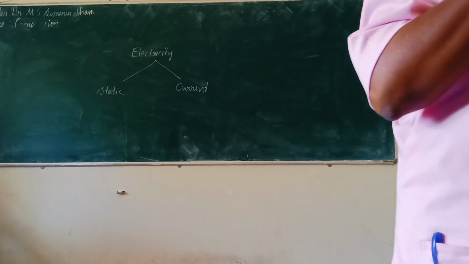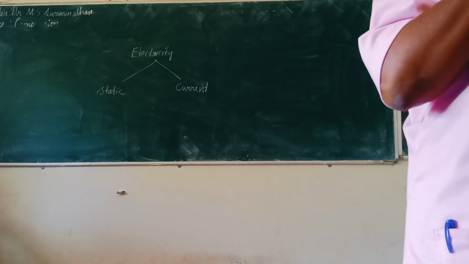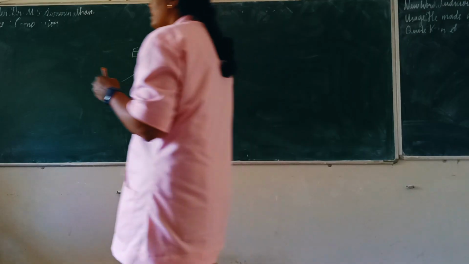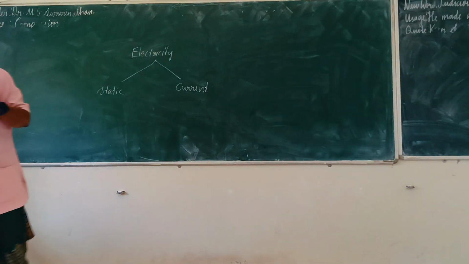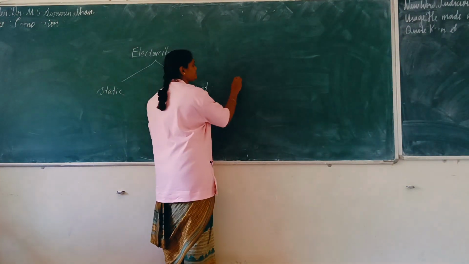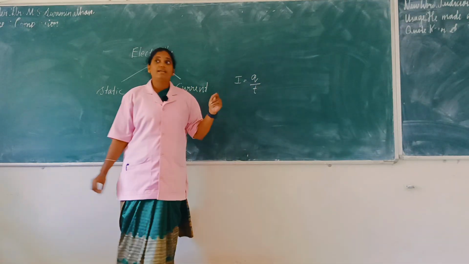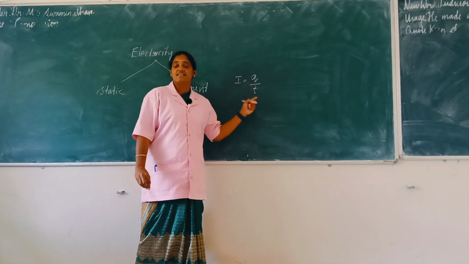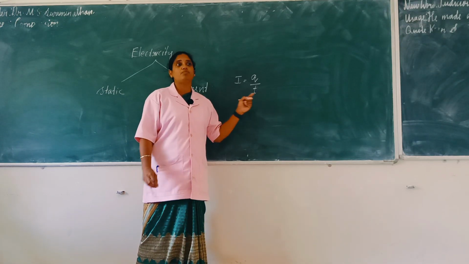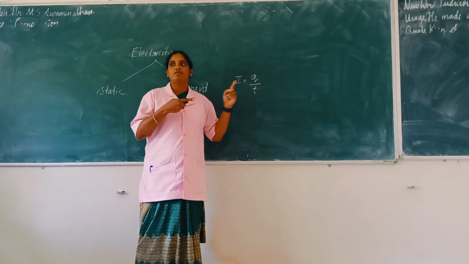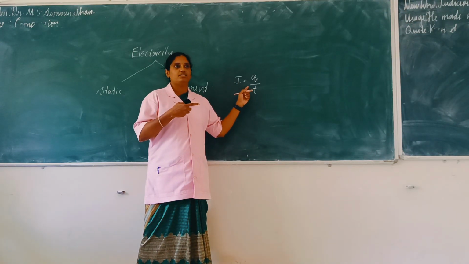That amount of charge flowing per unit time is called current. So the formula can be written as I is equal to Q by T. It depends only upon the amount of charge as well as time, and it never depends upon the area of cross section. Whatever the area, the same amount of current will flow through it.